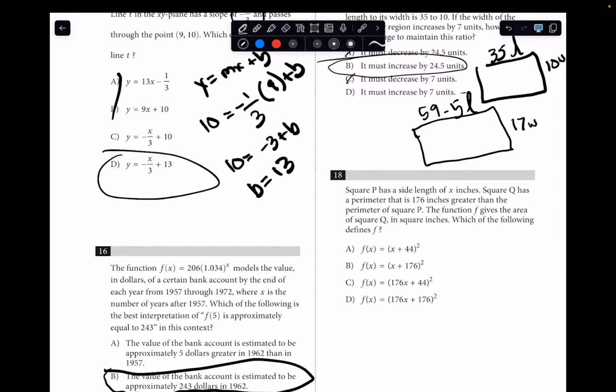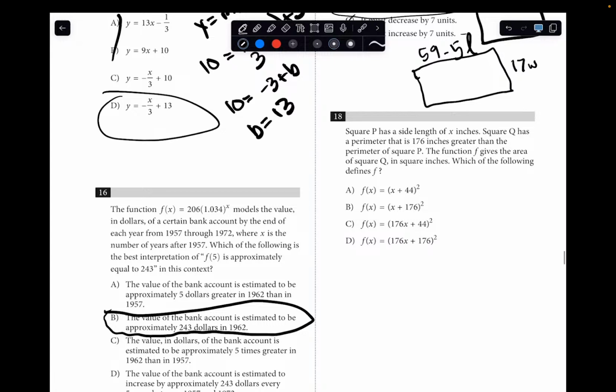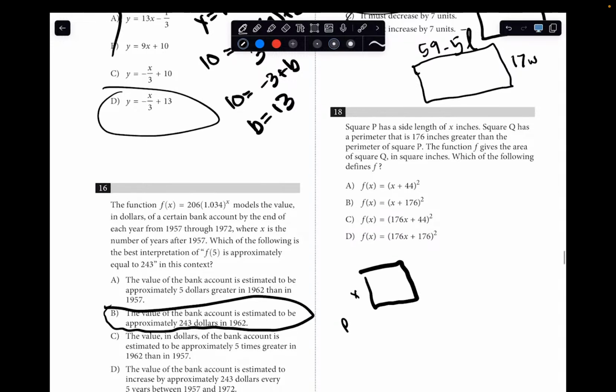Square P has a side length of X inches. Square Q has a perimeter that is 176 inches greater than the perimeter of square P. So you got 2 squares. We'll call this P, and that's X. And then Q is 176 inches greater than the perimeter.